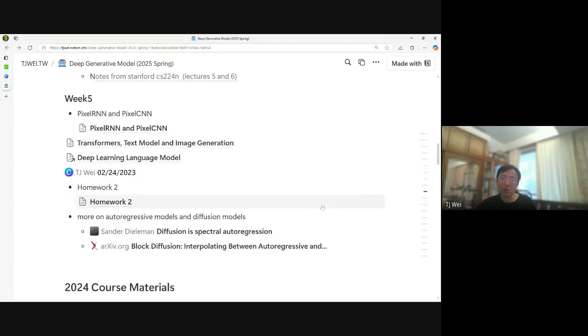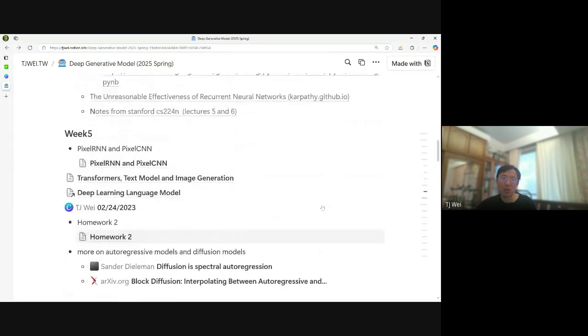So let's begin with the autoregressive model, starting with PixelCNN. My plan for this week is that after PixelCNN and PixelRNN, we're going to talk about the transformer model and continue to talk a little bit about language models.